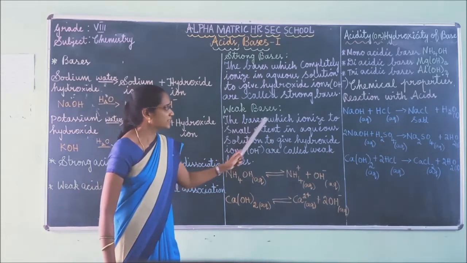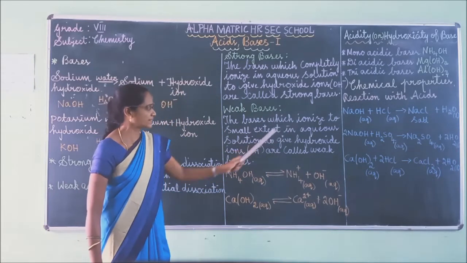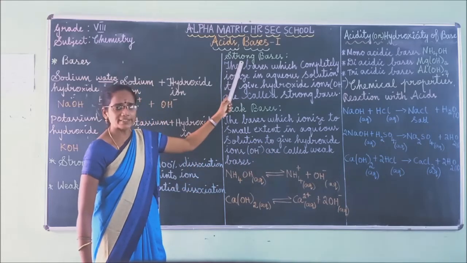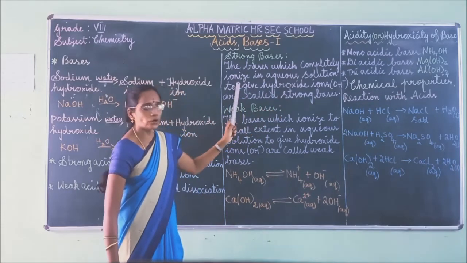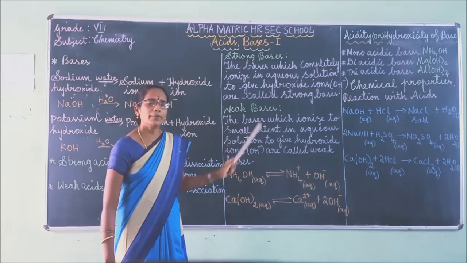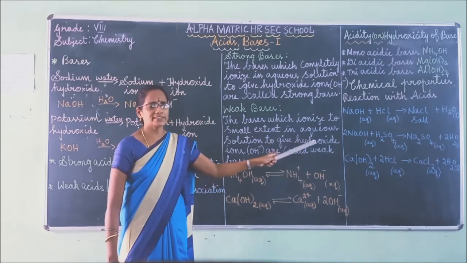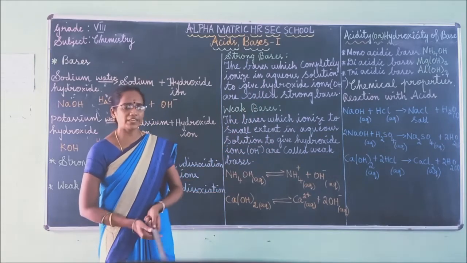The bases which ionize to a small extent in aqueous solution to give hydroxide ion. Strong base means the bases which completely ionize in aqueous solution. But a weak base is partially ionized in aqueous solution. That is the difference between strong base and weak base.